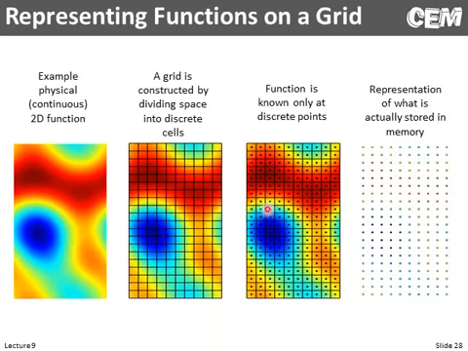So if you want to envision a grid where we're going to be implementing finite differences, this picture on the right is that. So this is what is representing our original function. We're missing information, but now we can store this on a computer. And we're ready to implement the finite difference method on it.